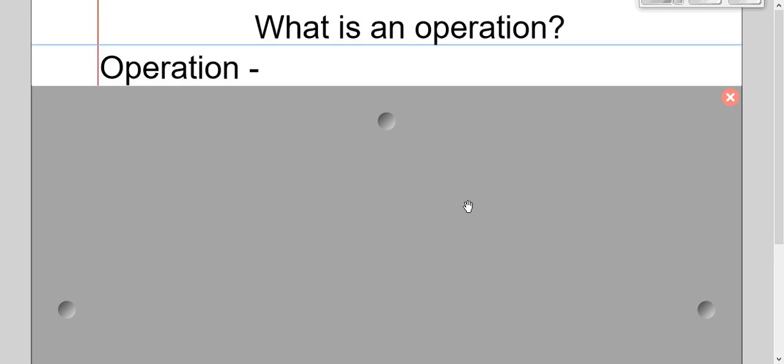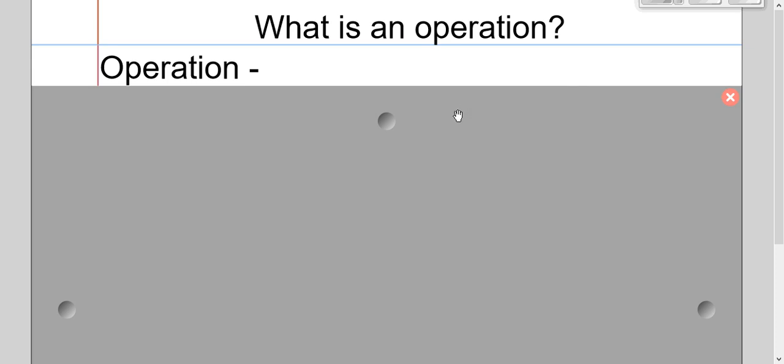Okay, so first of all, what is an operation? A lot of times I tell people I'm going to teach them about the properties of operations and the order of operations, and they don't have a clue what I'm talking about when I say operation. Operation is just a fancy word. It's one of those high-use vocabulary words that you use in math a lot, and it's just a fancy word for what you do to it. So I tell people, think about when you go to the hospital to have an operation.